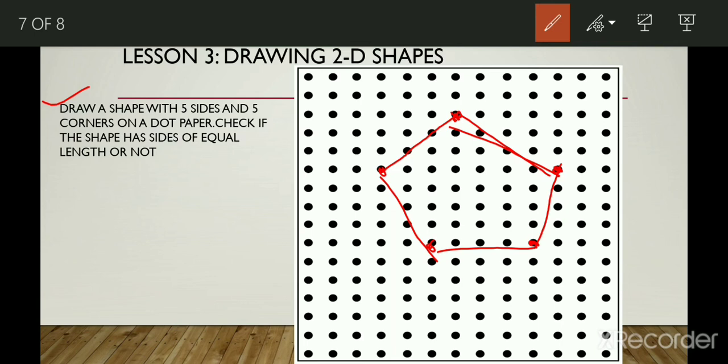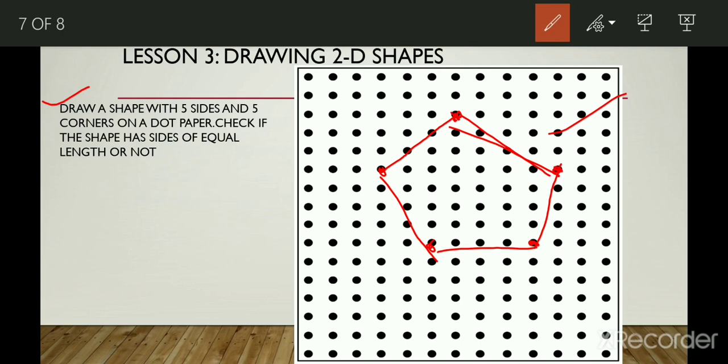What does it mean? It means when we joined 5 different dots which were not in a line, we ended up with a final result which is a 5 side and 5 corner shape. Right. Now just measure the sides of the shape to check if all the sides are equal or not.